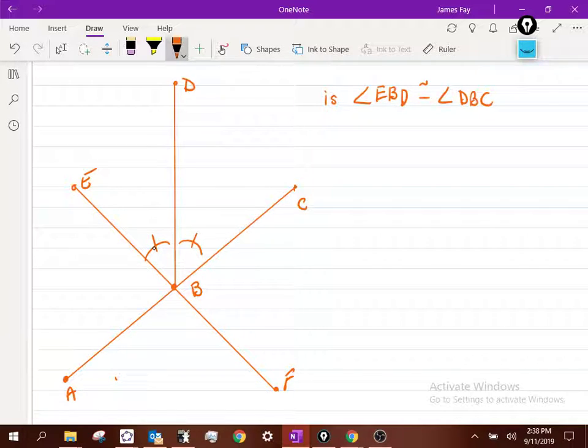That is notation that tells me, yes, now I know that those two angles are congruent. Does that make sense?